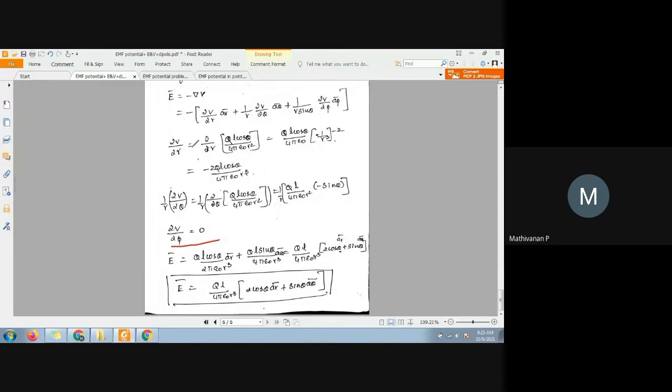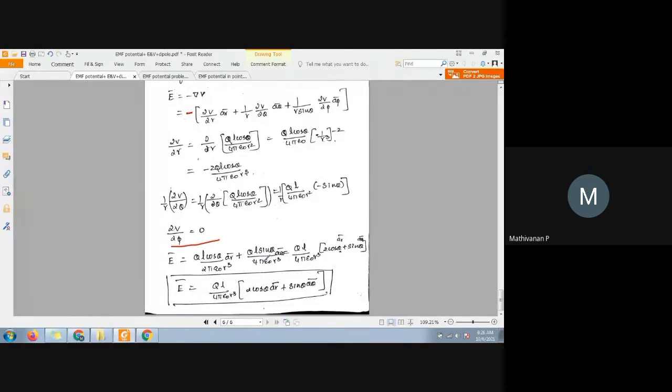So in the final expression, when we multiply, don't forget this minus sign. Usually students will forget this minus sign. Already here we have minus, here also we have minus. Minus will become plus. So QL cos theta divided by 2 pi epsilon naught r cube AR vector, and QL sin theta divided by 4 pi epsilon naught r cube A theta vector.